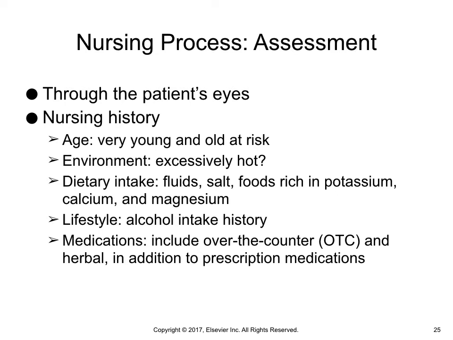Use a drug reference book or a reputable online database to check the potential effects of other medications. Ask specifically about the use of baking soda as an antacid, which can cause extracellular volume excess because of its high sodium content that holds water in the extracellular compartments.